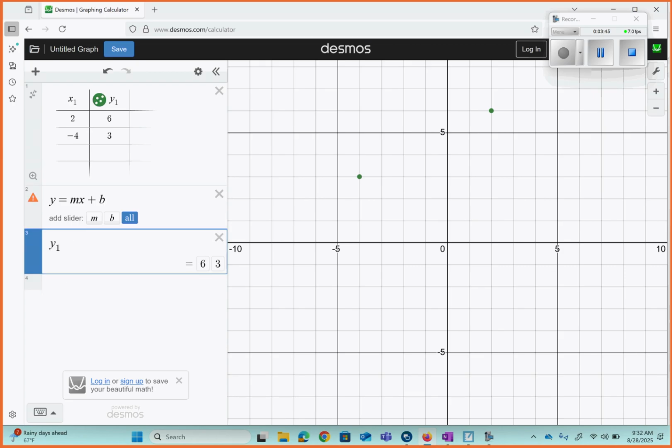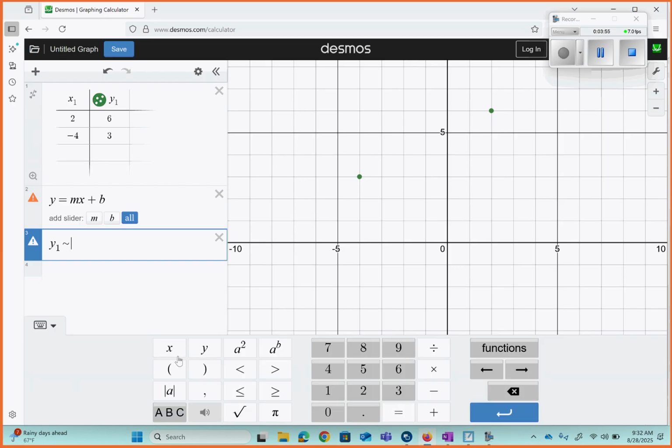But I'm going to go x sub 1, or excuse me, y sub 1. And then I'm going to use the little tilde. Now if you're using your phone, it might be harder to find the tilde, so you kind of have to search for it. If you just go y1, it automatically does it for you.